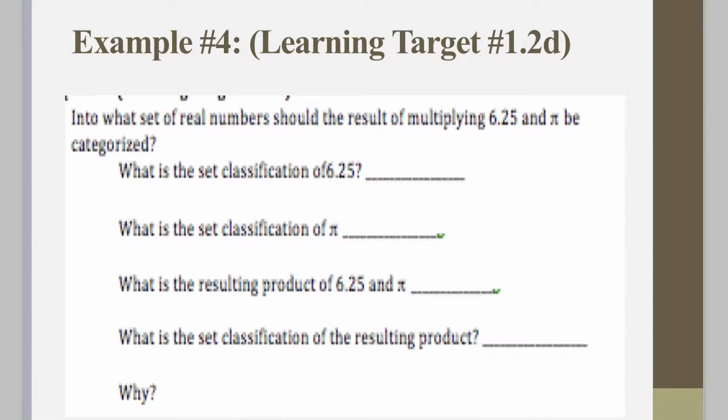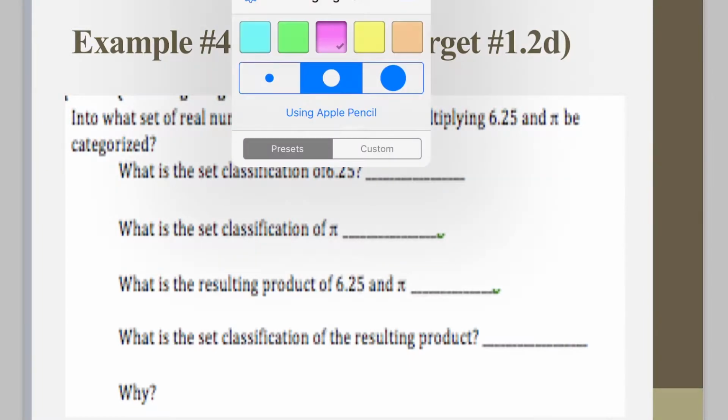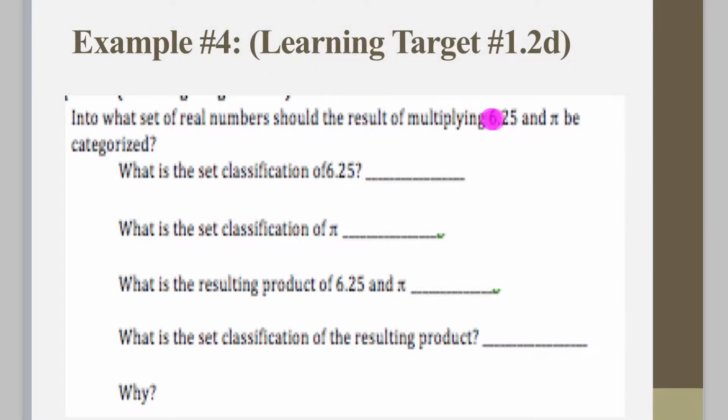So to approach this question, we can break it down into smaller steps, considering each piece individually. And in this case, our individual pieces are our numbers being multiplied. So we have 6.25 and we have pi being multiplied.